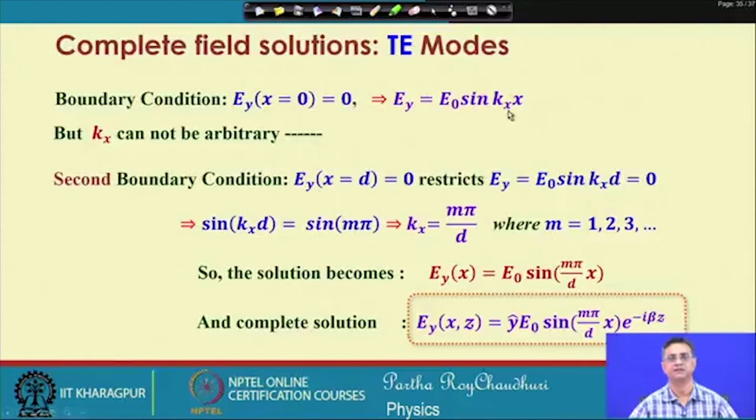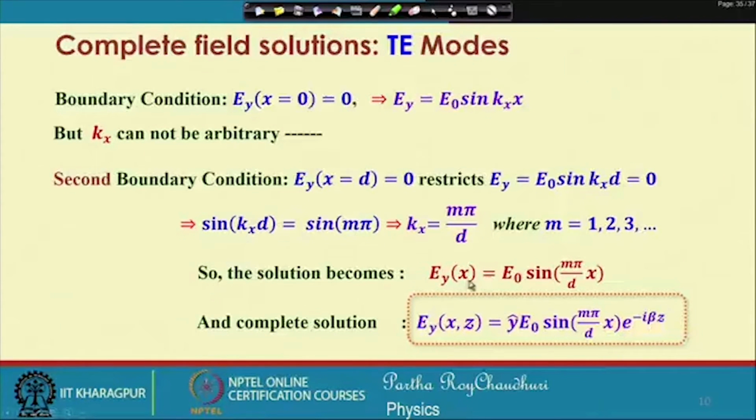It represents the waveguide structure, and the second boundary condition, if we impose that at x equal to d, again E y will be equal to 0. So, E 0 sin k x d equal to 0, that gives you sin k x d is equal to sin m pi, and this gives you the discrete values of k x, the transverse component of the propagation vector, because m can assume 1, 2, 3, all integral values.